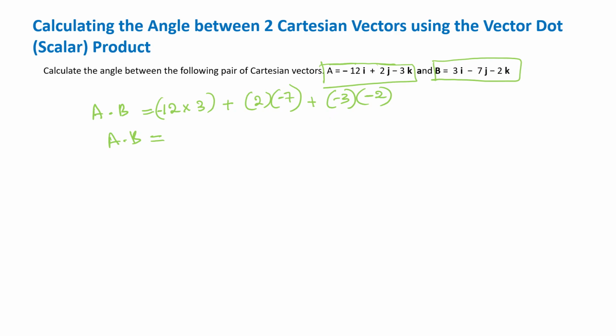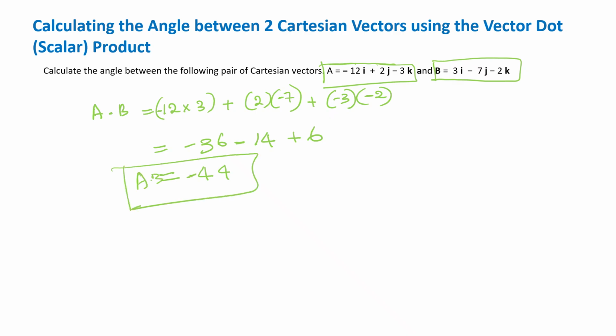Minus 36 minus 14 plus 6, so minus 44 is your A dot B. That's one way of writing A dot B. How do we write the other way?